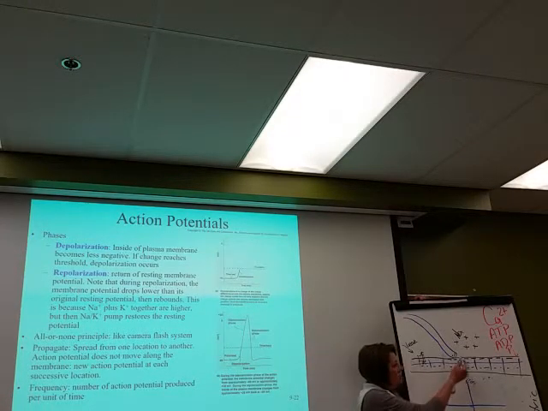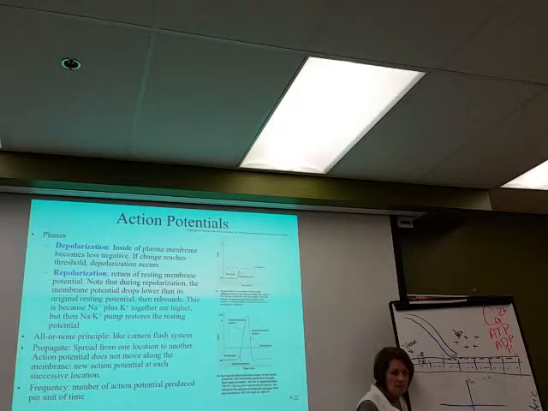When the action potential is received and we begin to see an influx of sodium, sodium is positive. That's going to make that muscle start to do this number, because I'm making the inside of this membrane more positive.